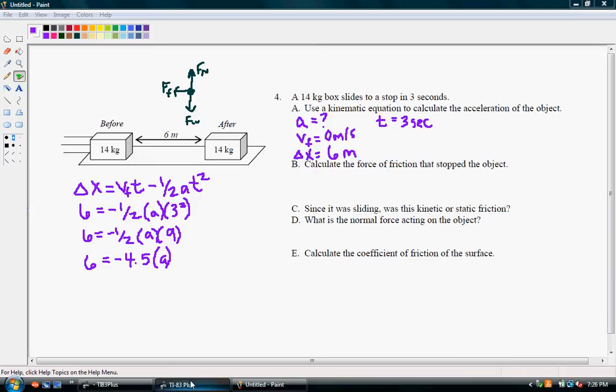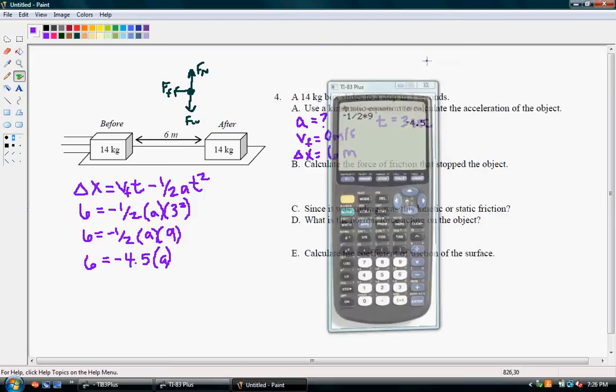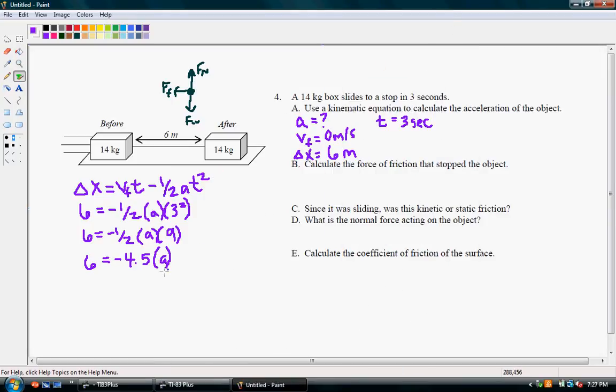If you needed to double check that in your calculator, it'd be negative 1/2 times 9, you get negative 4.5. Alright, so to solve for acceleration, we'll have to divide both sides by negative 4.5. This here cancels out, and then we have acceleration equals 6 over negative 4.5.